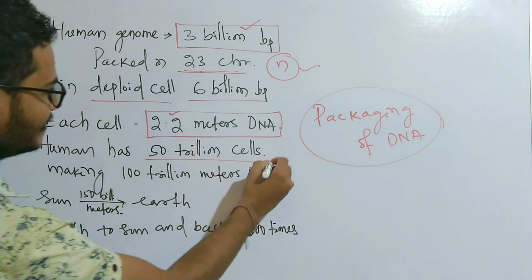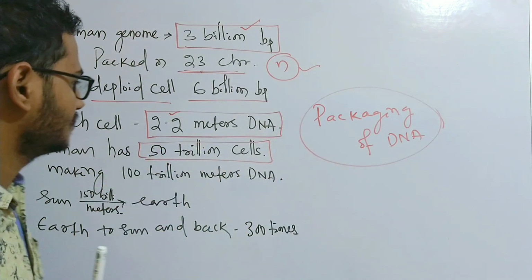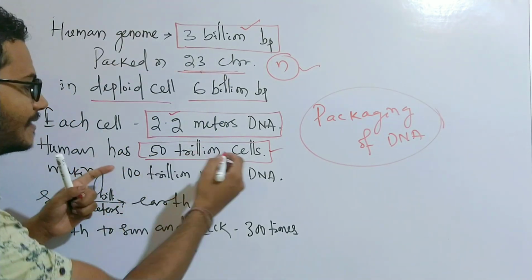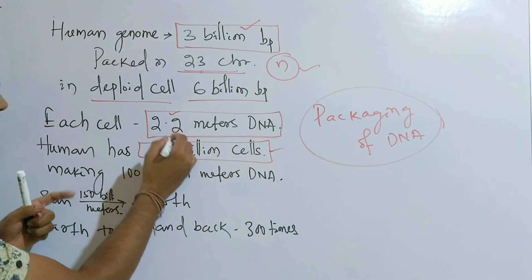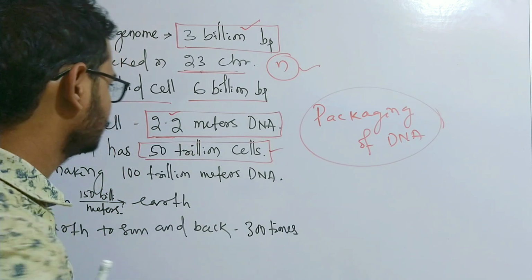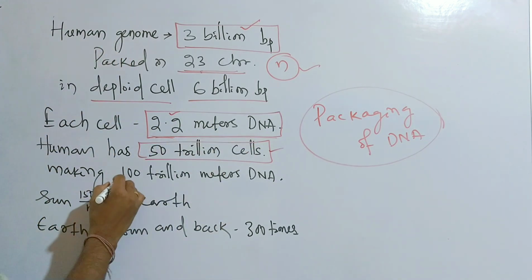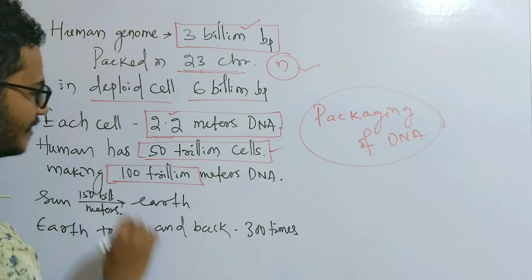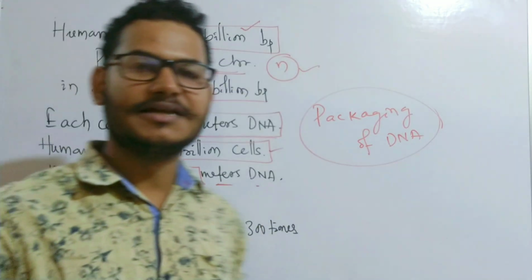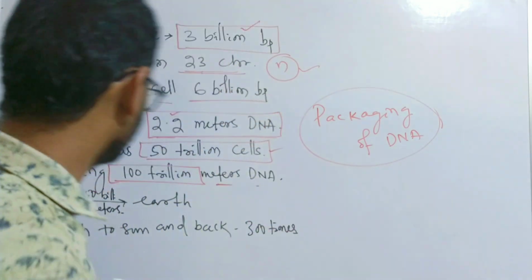Humans have 50 trillion cells. It is an approximate value. So human beings have 50 trillion cells, and each cell has around 2 meters of DNA. It will make approximately 100 trillion meters of DNA present in a single human.